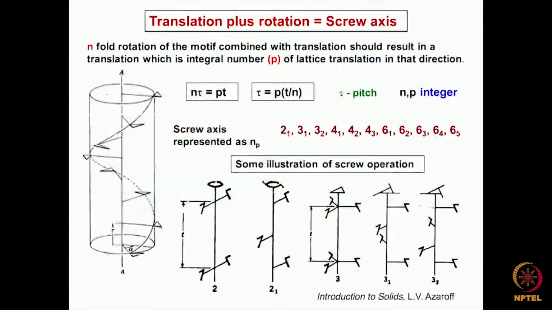We will not be going into all of them, but before that, so far we considered only point groups. We have considered rotation and reflection, which is consistent with translation, but we have not combined it with translation.